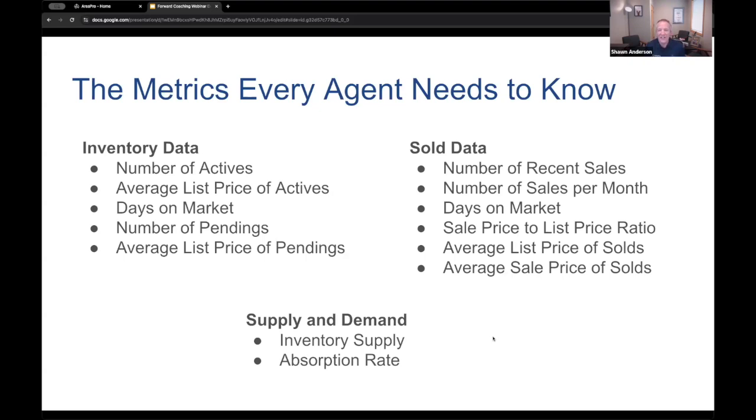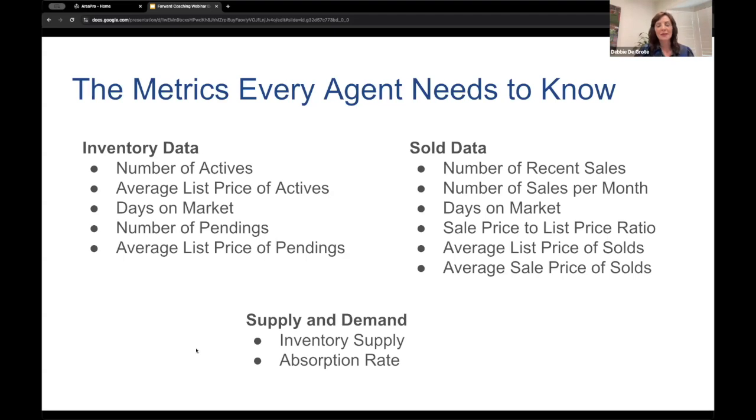When a buyer or seller hears the word months, 9 out of 10 times their mind goes to how long does it take to sell my house? And that's not it. That's days on market, right? Months supply of inventory is a hypothetical stat that just says, if we have 10 gallons of milk on the shelf and we're selling one every hour, we have 10 hours' worth of inventory in milk.